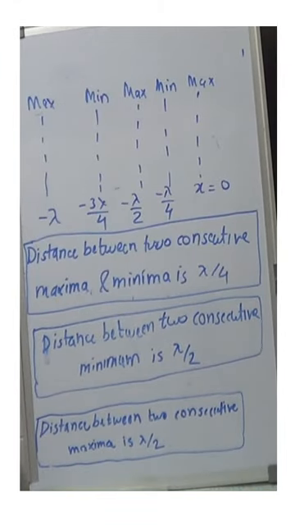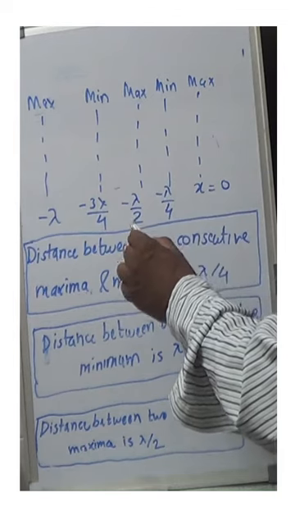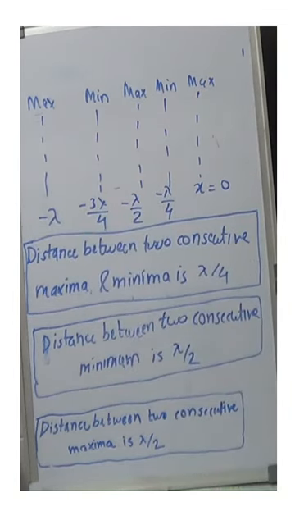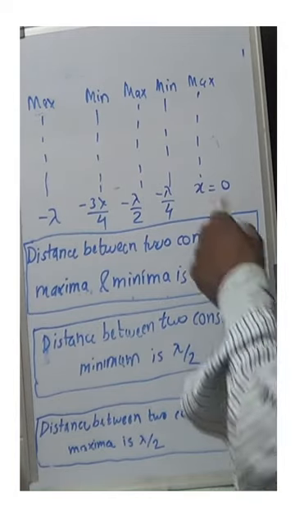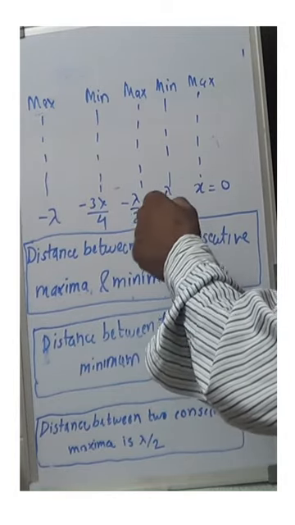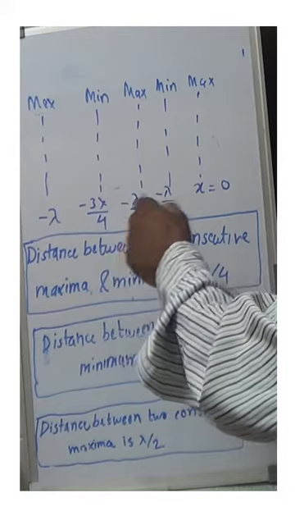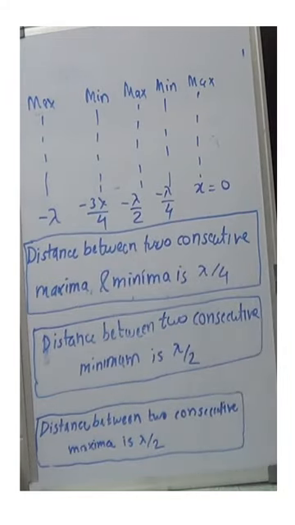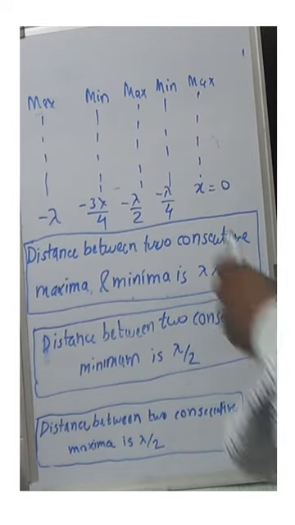So we have already found the values for V maximum and V minimum. So we got the maximum value at x is equal to 0, x is equal to minus lambda by 2, and x is equal to minus lambda. And we got the minimum value at minus lambda by 4, minus 3 lambda by 4, and again minus 5 lambda by 4. So these are the maximum and minimum values.